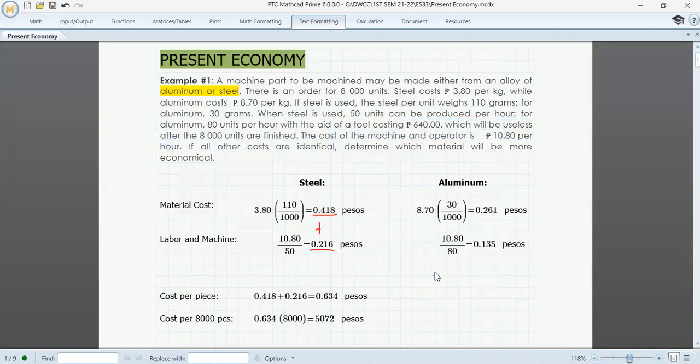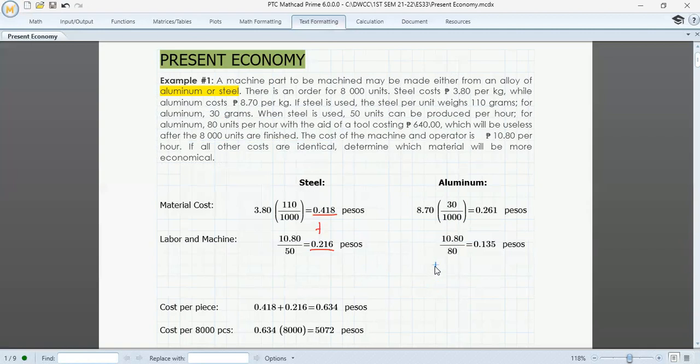Ibig sabihin, ang capacity lamang nung tig 640 ay 8,000. Okay? After niyang matapos yung 8,000, wala na, masisira na, hindi na gagana, or hindi na siya productive, hindi na functional.